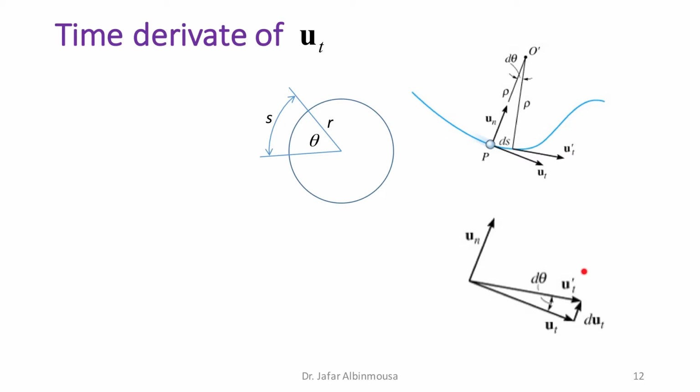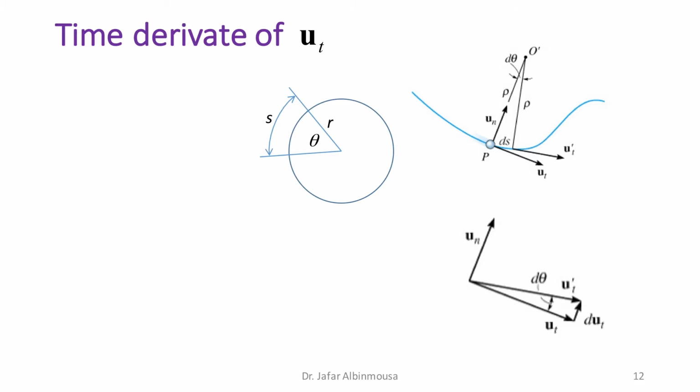And if we look at the diagram below, we just moved the vectors. So this is ut, this is ut prime, and this is the unit vector un.